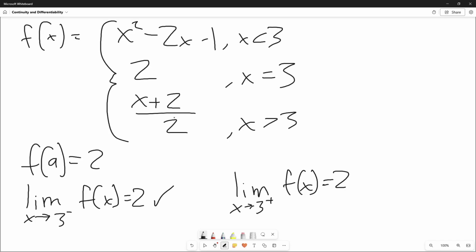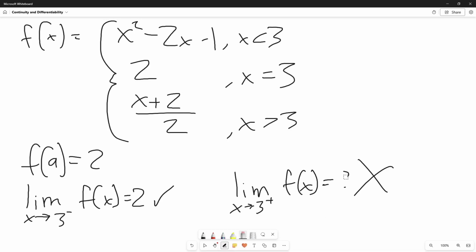So 3 plus 2 over 2 is 5 over 2, which is not 2. So unfortunately, this is not continuous because the limit as x approaches 3 from the right side of f of x is 5 over 2 and not 2. And since they're not the same, it is not continuous.